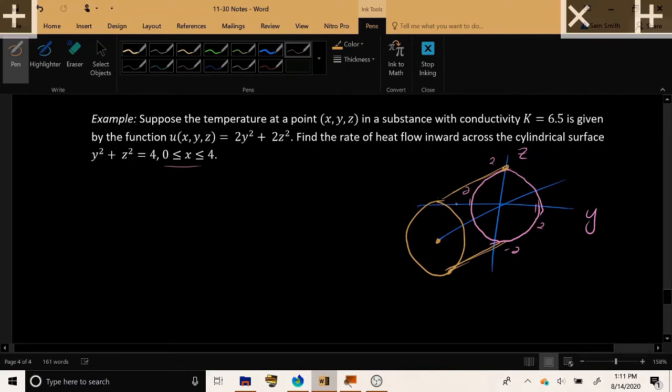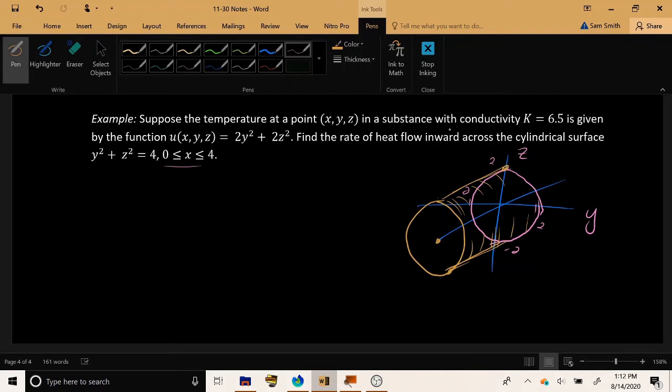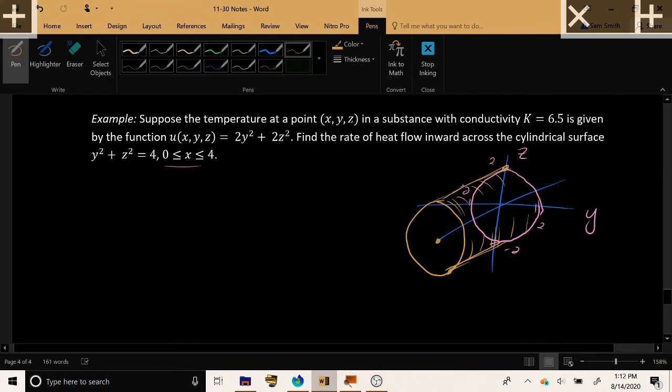Okay, so the surface that we're dealing with has the shape of a cylinder surrounding the x-axis with a radius of 2 in the z and y directions. Now, because this surface has a circular nature to it, the standard parameterization is once again going to involve sine and cosine.